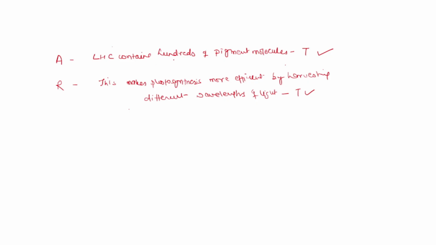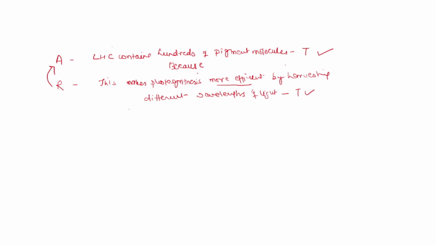Why does the LHC contain hundreds of pigments? This is because different pigments absorb different wavelengths of light, allowing the plant to capture a broader range of sunlight, making the photosynthesis more efficient. So the reason clearly explains the assertion. Student, a plant receives sunlight containing many different wavelengths. If it had only one pigment, it would miss a large part of available light.